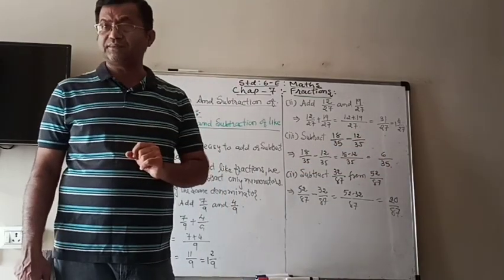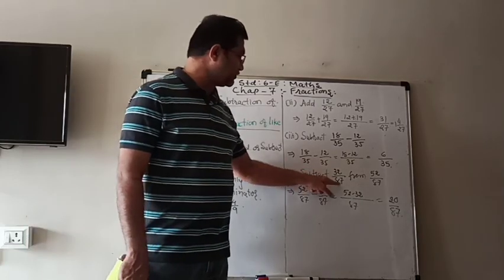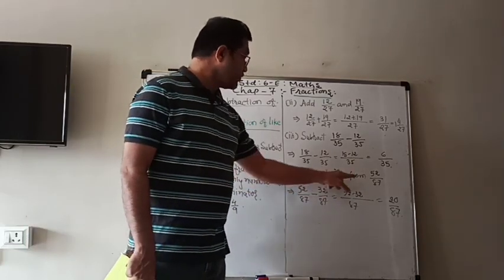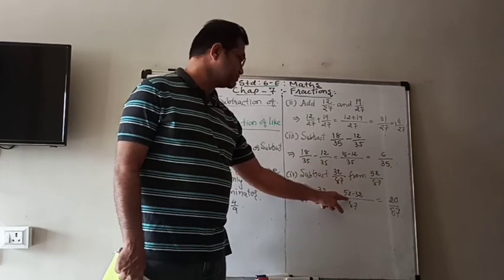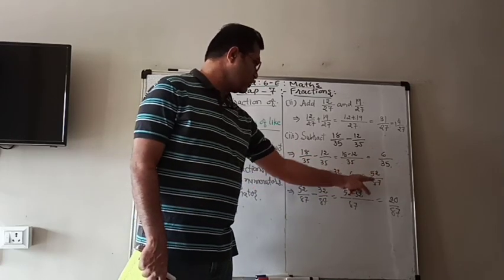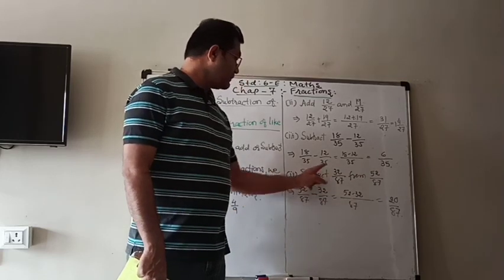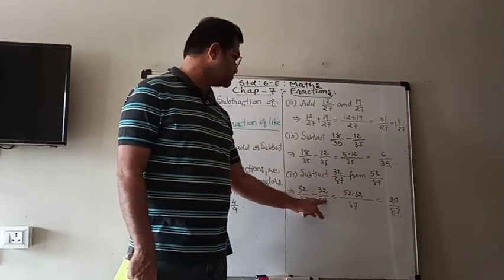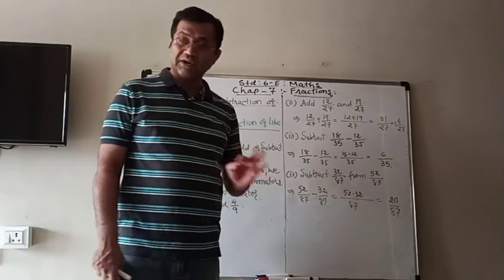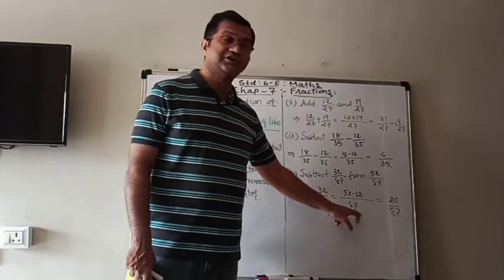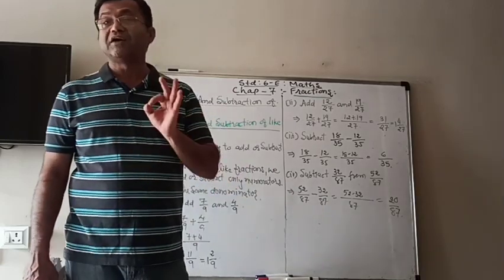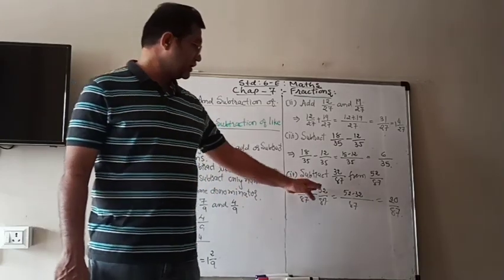In subtraction, when it is given like that, subtract this from that, then you have to subtract this minus this. Means 52 upon 87 minus 32 upon 87. So equal denominators, like fractions. So we will keep the same denominator, and only we have to subtract the numerators.